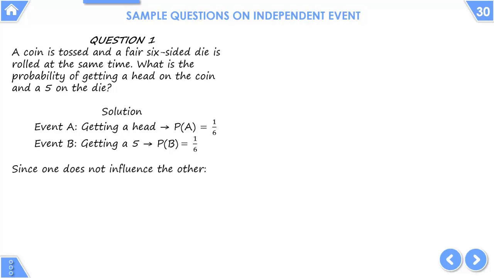Since one does not influence the other, when you toss a coin and roll a die, those two will not affect each other in terms of their outcomes.